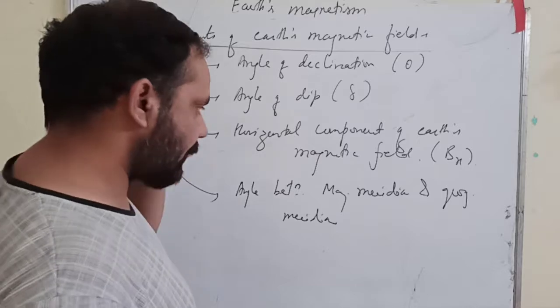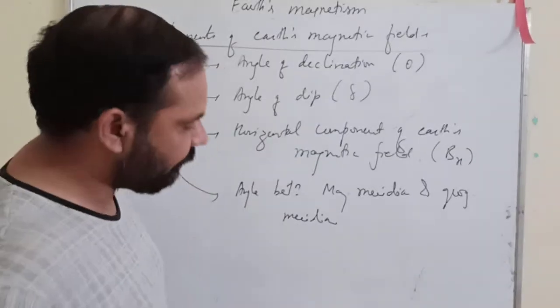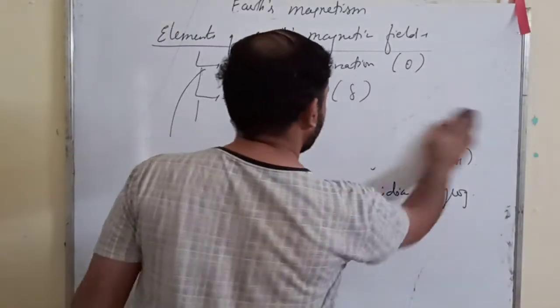Now the third one is the horizontal component of Earth's magnetic field. For that I will have to draw a figure.